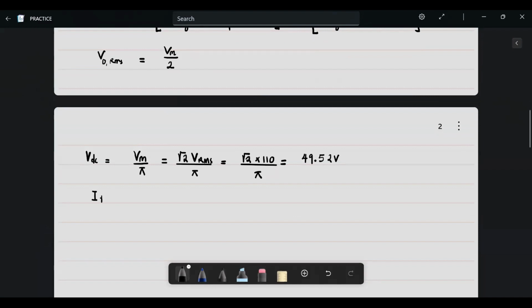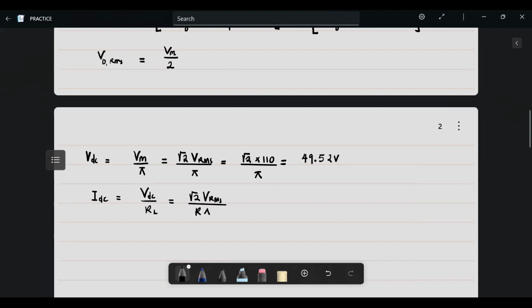So IDC is simply equal to VDC divided by the resistor, which is RL. What is VDC? VDC is simply √2 times VRMS divided by pi, so you can say RL times pi.